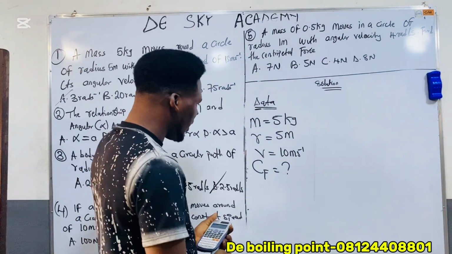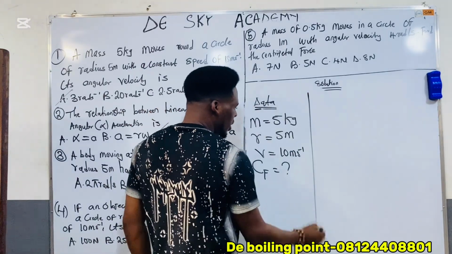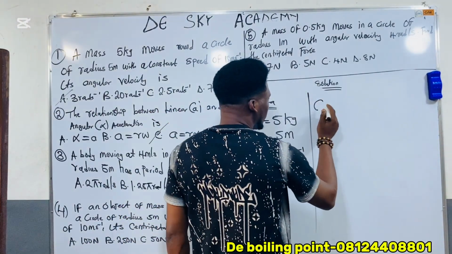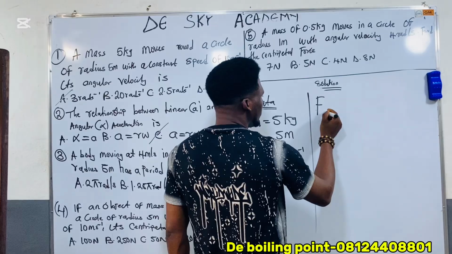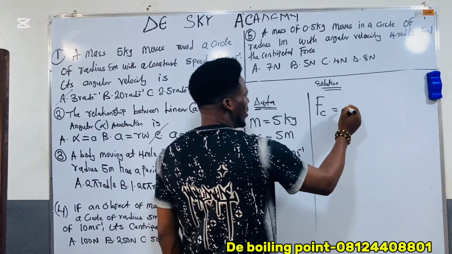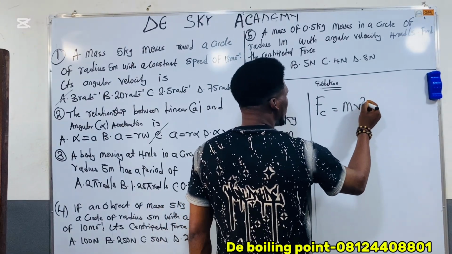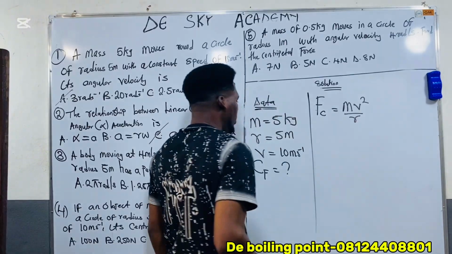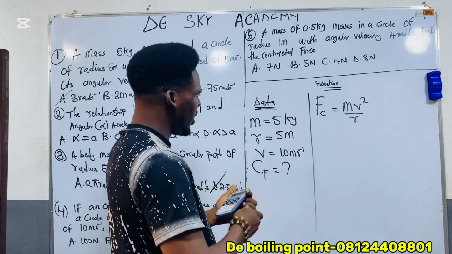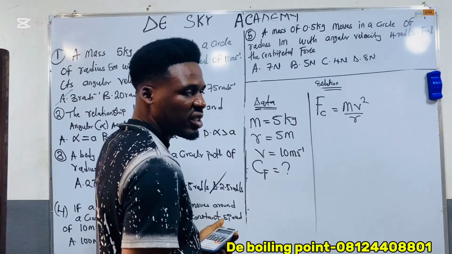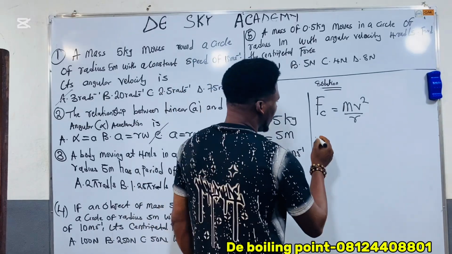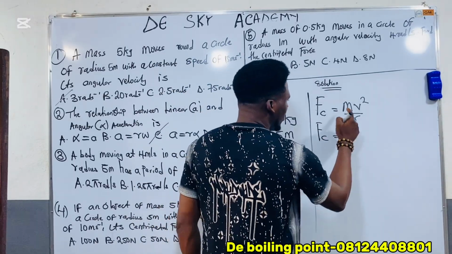Now the formula for centripetal force is that centripetal force, which is Fc, is equal to mv square over r. That is the formula for calculating centripetal force. I now have that Fc, what is the mass?